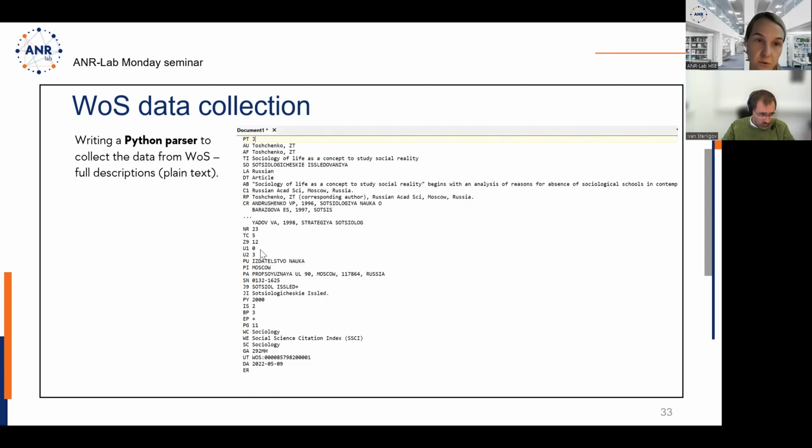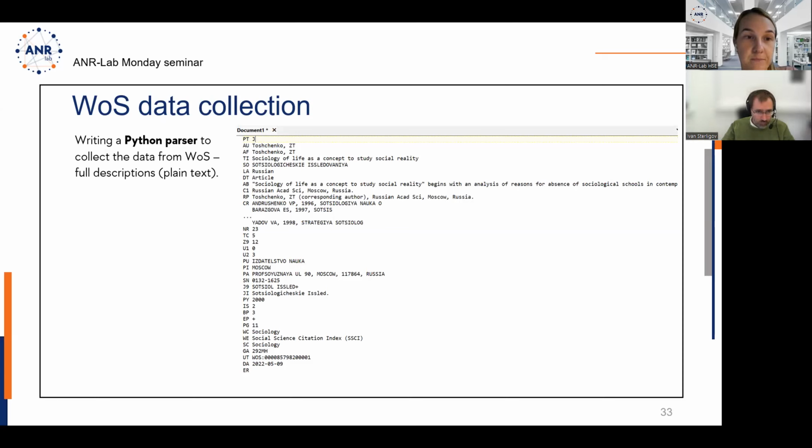And as for the Web of Science, here you can see an example of the description of the article. Again, here we have a lot of different fields where information is presented about the article.